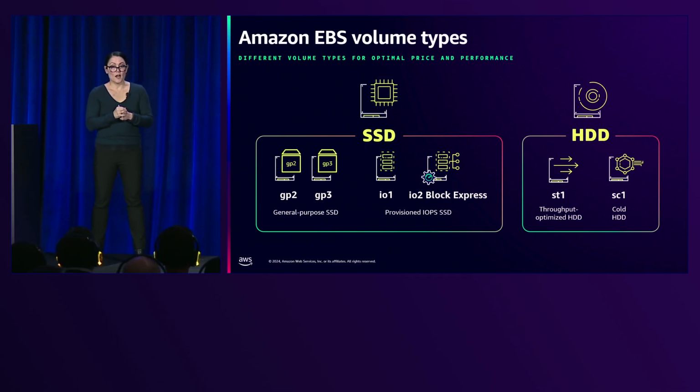ST1 volumes, for example, are great for big data and analytics workloads if you need high throughput, but maybe don't have the same latency and IOPS requirements. And then there's SC1 volumes, which are basically for pre-archival use cases, where you need to have your data online, but it's infrequently accessed, and therefore they are super cheap.